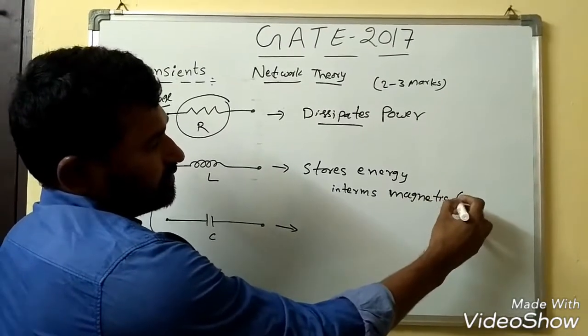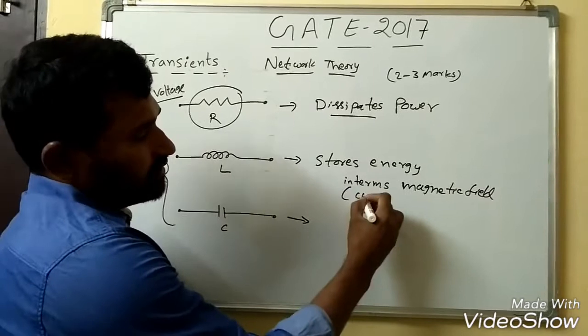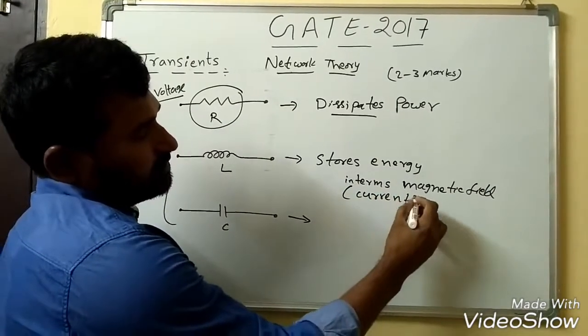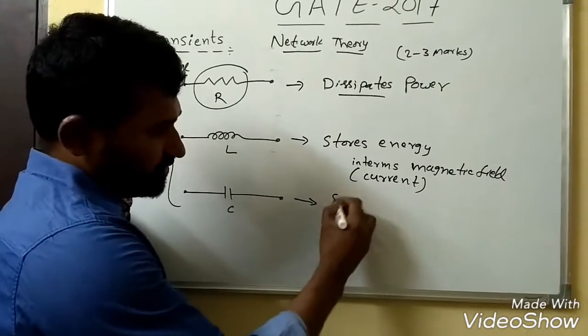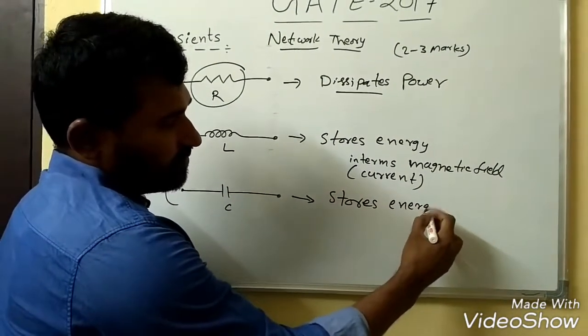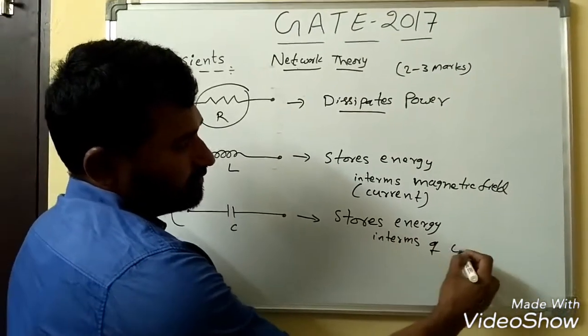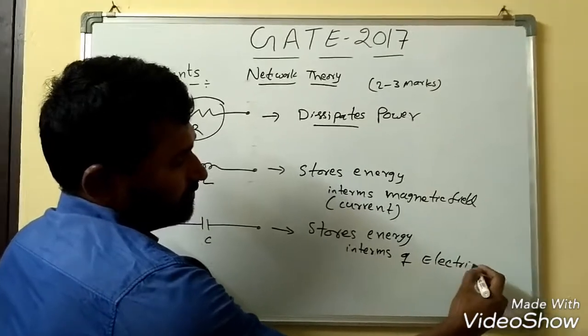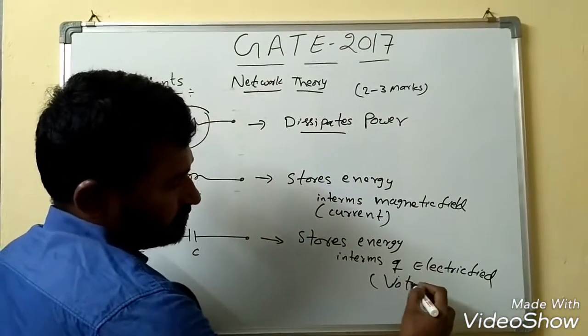The magnetic field stores the energy in terms of a current. That is about the inductor. Similarly, the capacitor stores energy in terms of electric field, which is nothing but in terms of voltage.